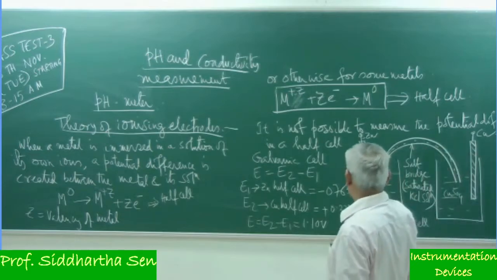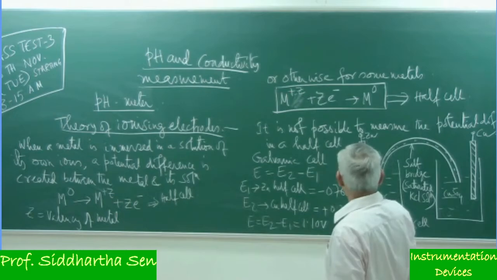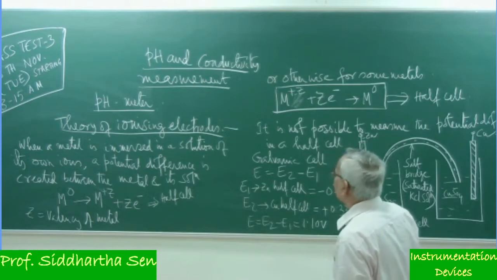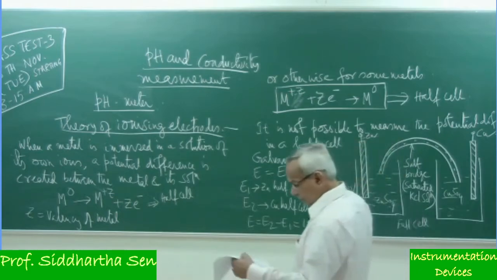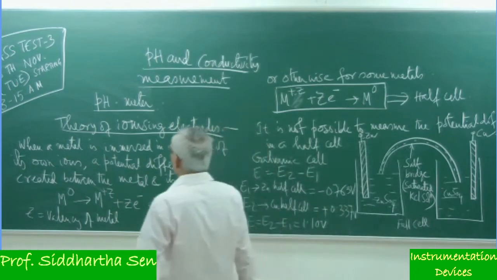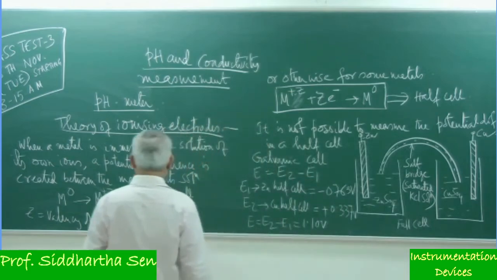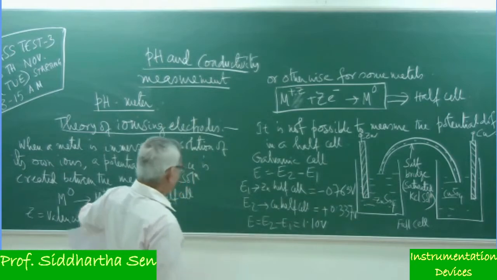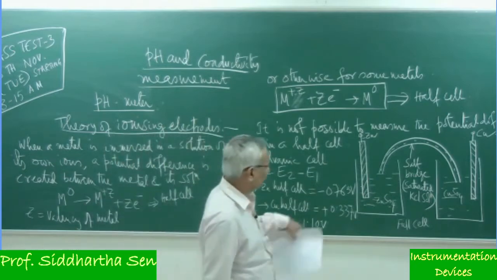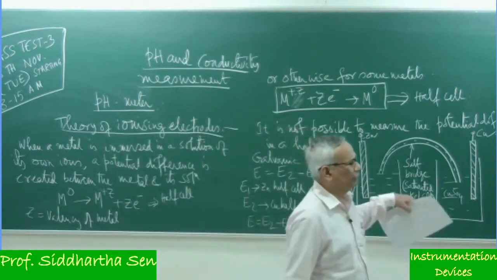You may ask that, okay, I understand this and we have studied this, but what is its relationship with the pH meter? Actually, the pH meter is also some sort of cell, and we'll see that.